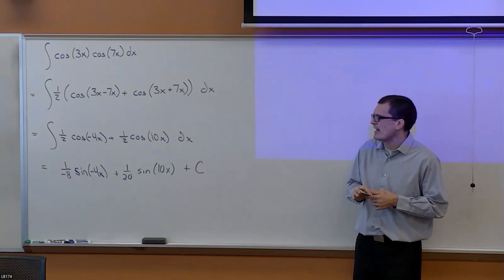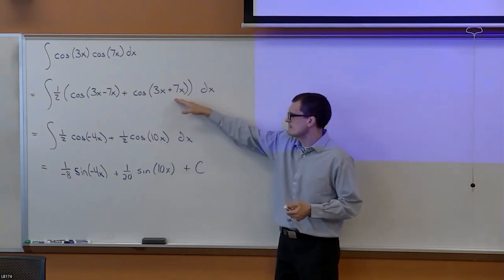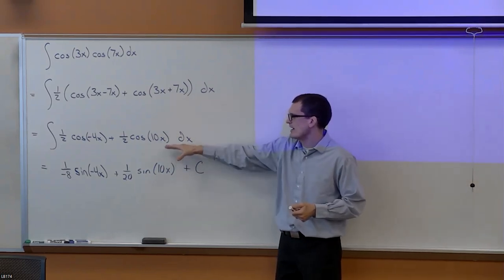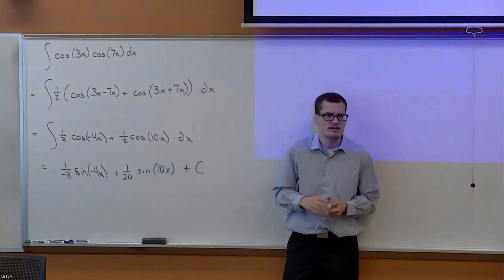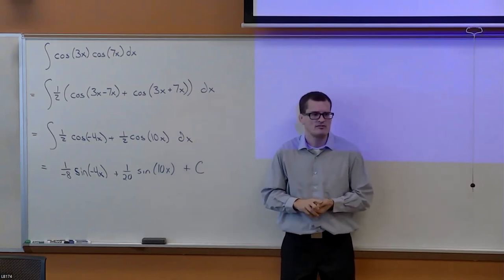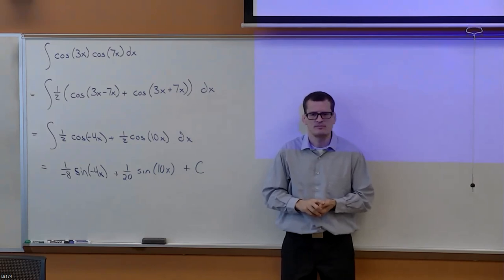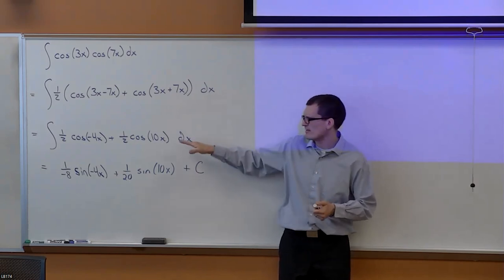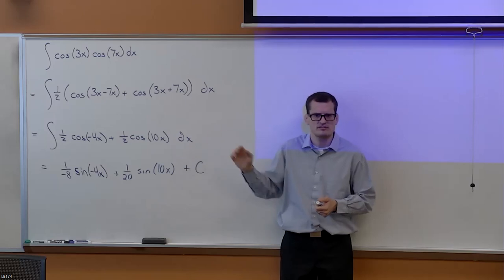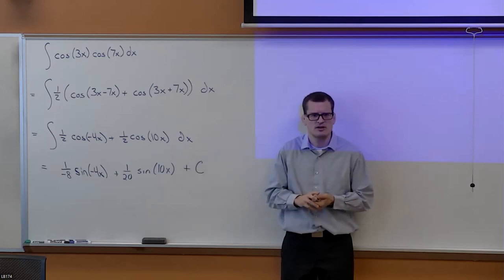So I simply apply that rule, and then use my understanding of how to integrate cosine of coefficient times x. Everybody okay with that integration, coefficient times x? Does that throw you off?